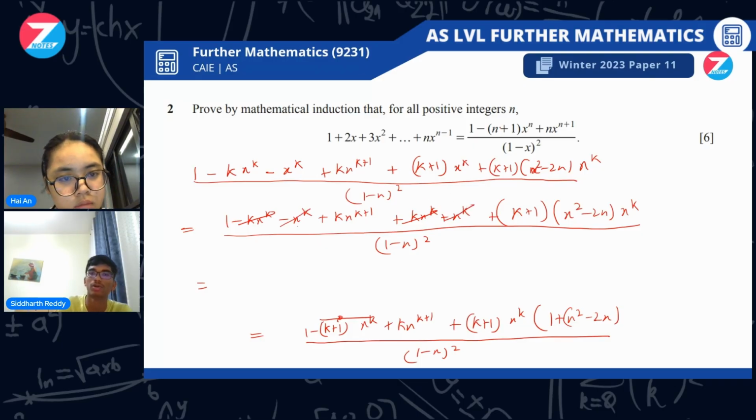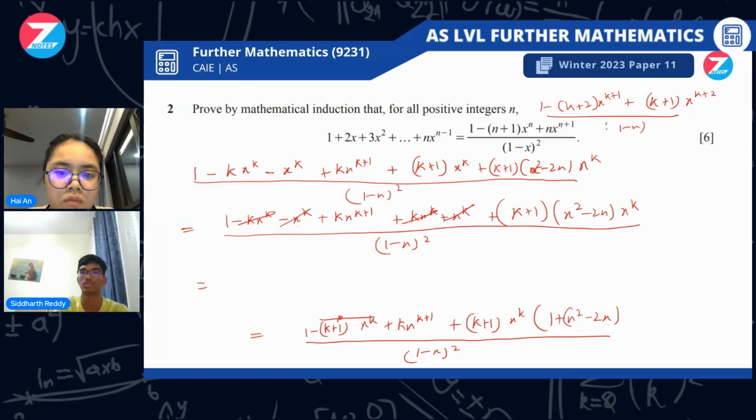Okay, so to make it more obvious what's coming, let's directly substitute k plus 1 into this formula over here, and we can try to work it out in reverse. If we substitute k plus 1, we're going to get 1 minus (k plus 2) times x to the power k plus 1 plus (k plus 1) times x to the power k plus 2, all divided by (1 minus x) whole squared.